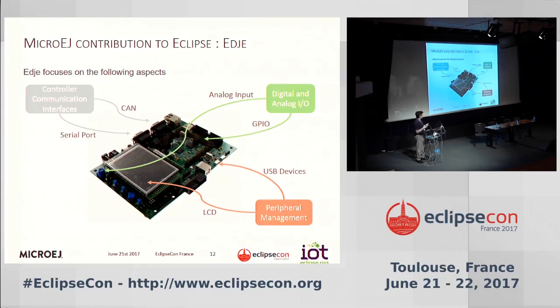So the objective of Edge is to define APIs to access GPIOs, CAN buses, I2C buses, SPI, anything related to the local network that is formed by the hardware connectivity of the microcontrollers. We started open sourcing the GPIO part and the serial communication part, and we're working on the SPI and I2C stacks.